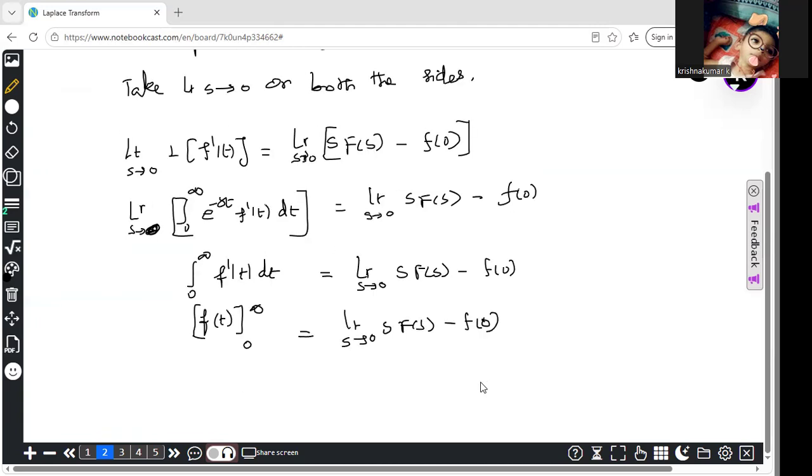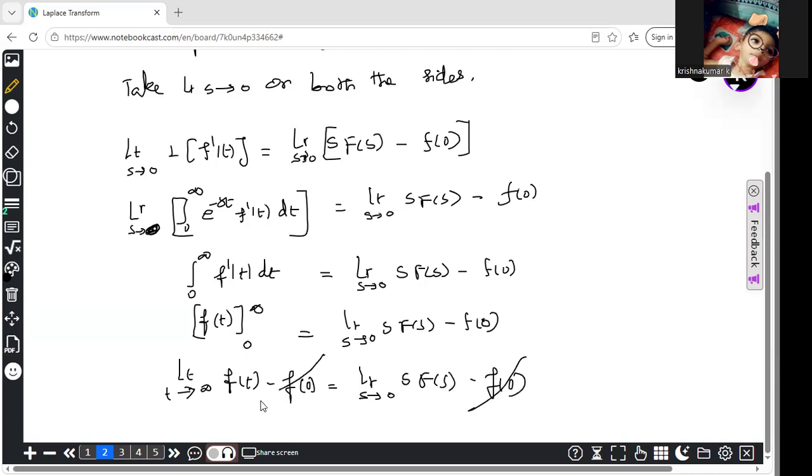Next, if you apply this, then this becomes f of infinity, but that can be written as limit of t tends to infinity f of t for the upper limit. For the lower limit, this can be written as f of 0. So limit s tends to 0, s into f of s minus f of 0.